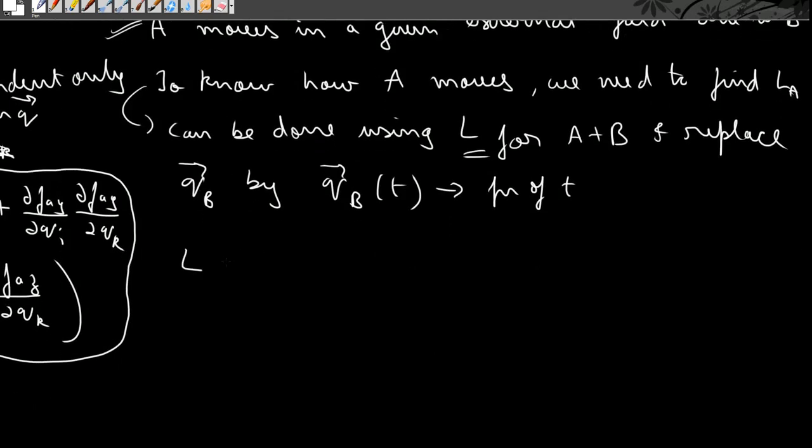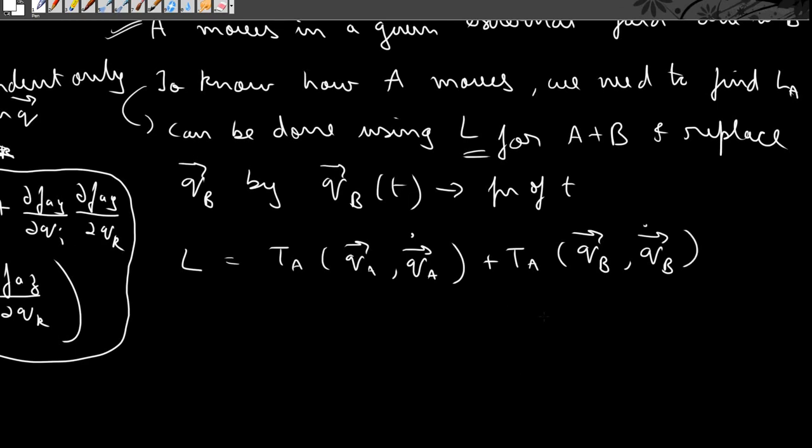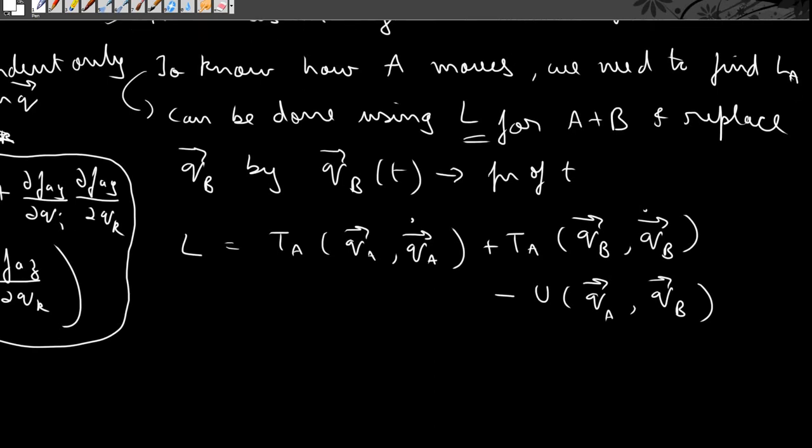So the Lagrangian for both the systems taken together is going to be the kinetic energy of system A, plus the kinetic energy of system B, minus some potential function which will depend on the position of both A and B, right?